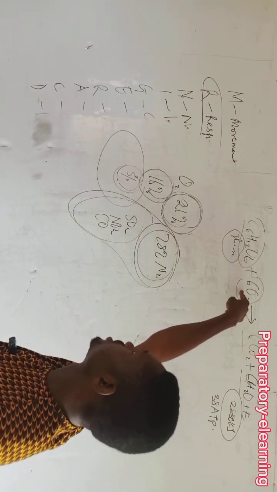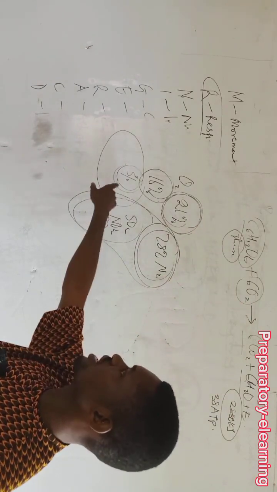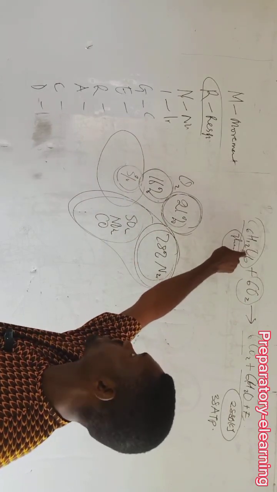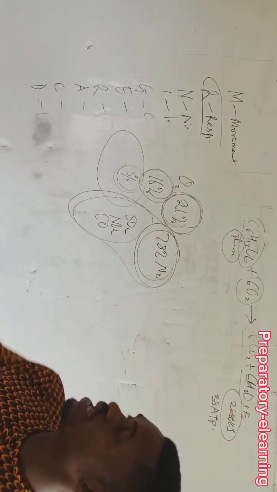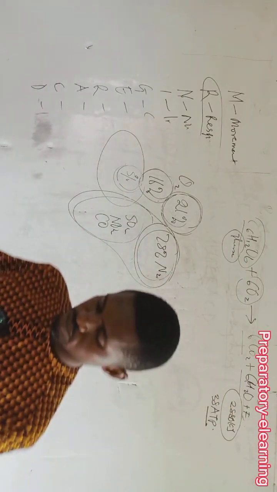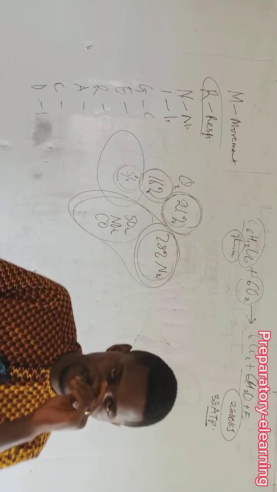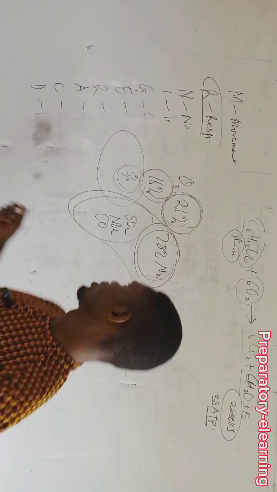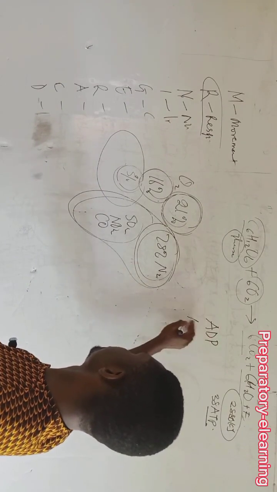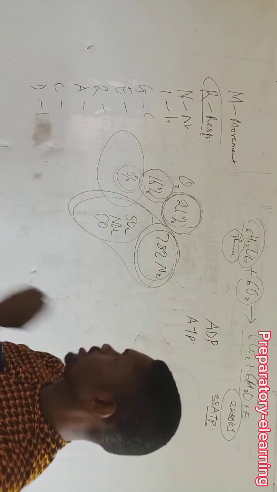This is the percentage of oxygen that has been lost going into the system to oxidize the food material to generate the energy. Now, what is ATP? When we talk about energy generation and energy storage in the system, we do not fail to mention these 2 terms, ADP and ATP.